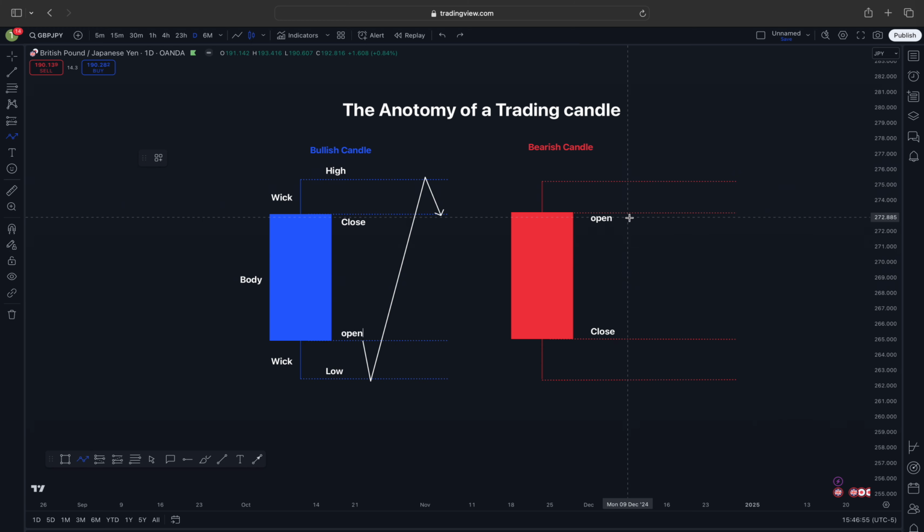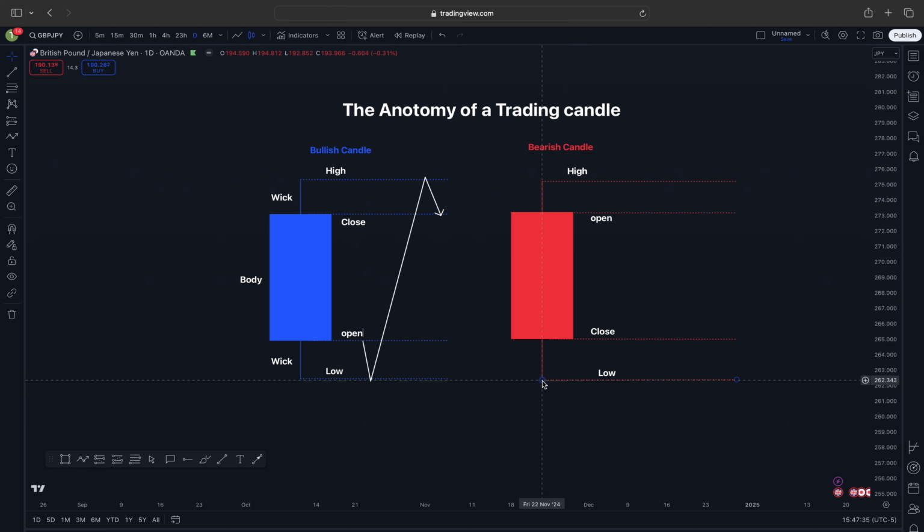The direction is that we're going down, right? So unlike the bullish candle where we started the open and then we closed at the top, with the bearish candle, we open at the top and then close at the bottom, right? So that's how we look at the bearish candle, the open and the close. And of course, similar to the bull candle, you have a high and also a low.